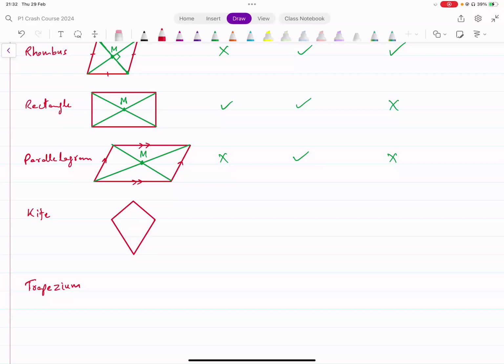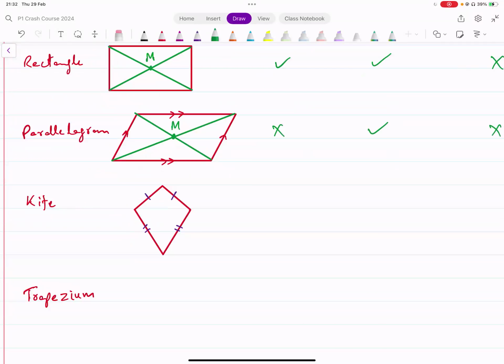What's special about a kite? What are the properties of a kite? Adjacent sides are equal. These two adjacent sides are equal and the other two are equal. That's what makes it a kite. Two pairs of adjacent sides are going to be equal.